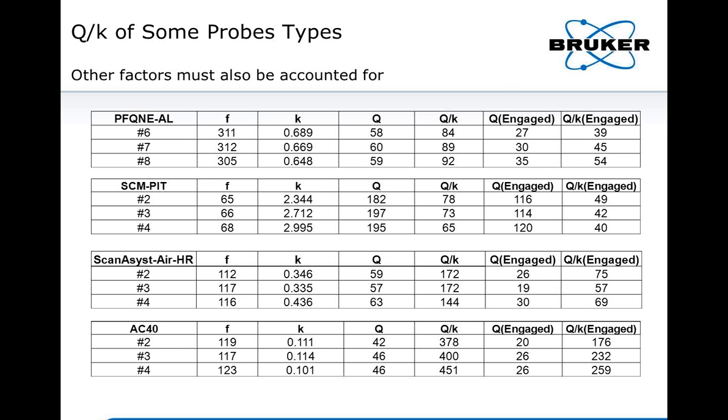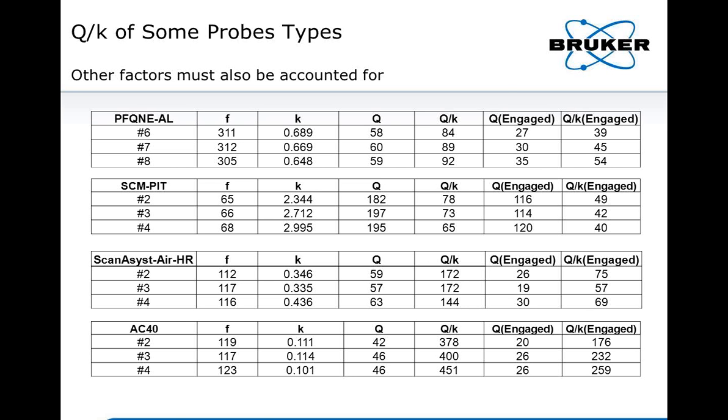In this case, then, the deciding factor comes down to the fact that the PFQ-NE-AL probe has a sharper apex and therefore a higher spatial resolution. And because it is made from a single material, it is better for measurement repeatability. This is why the PFQ-NE-AL probe is the number one choice across the board in the previous table for the best probe choice for KPFM in ambient conditions.